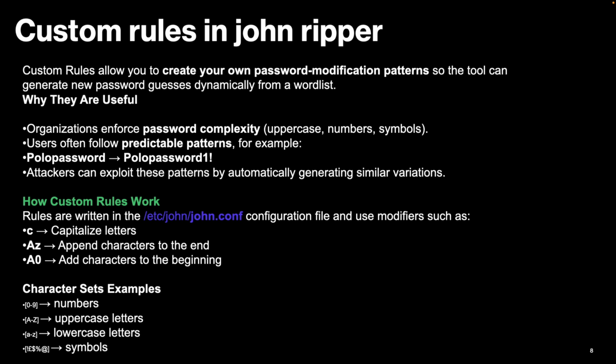Another important thing in John the Ripper, we can define some rules. What are rules? Custom rules allow you to create your own password modification patterns so the tool can generate new password guesses dynamically from a word list. Why are they useful? Organizations enforce password complexity.